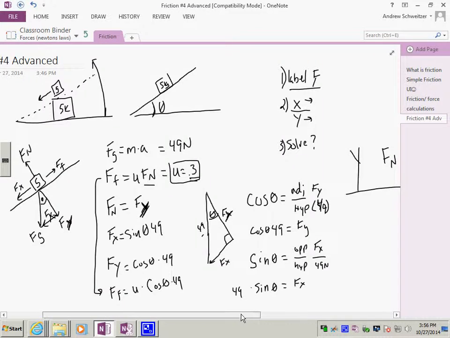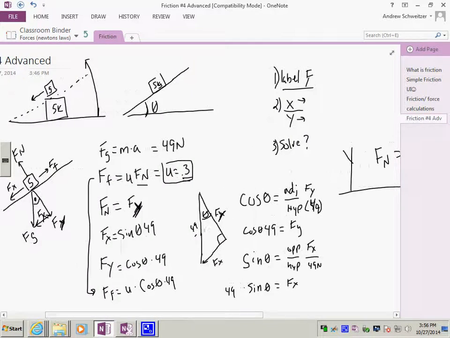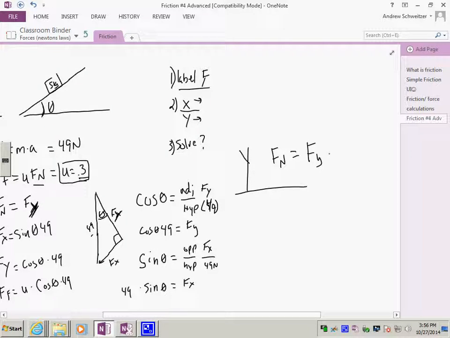This is f of y, and f of y, as mentioned, by solving for this leg right here, is the cosine of the angle times 49. All right, so that one's done.